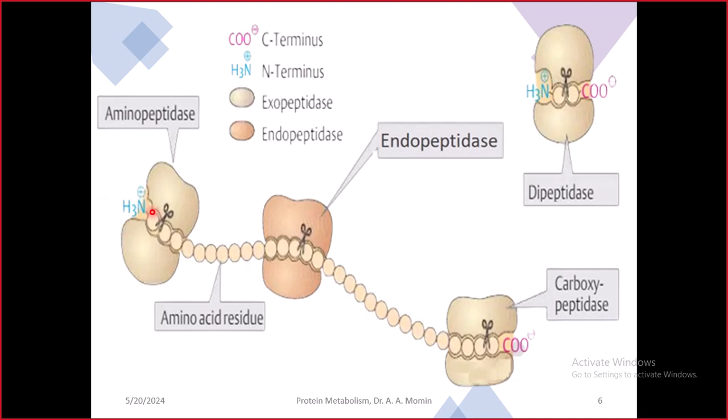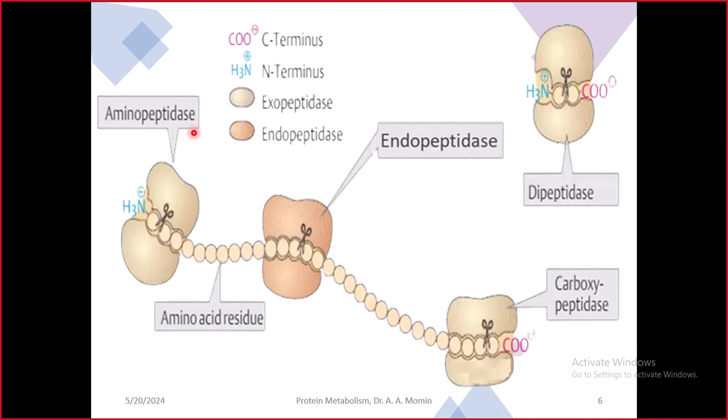As we know, there is always an N-terminal and a C-terminal. The peptide bond between the first and the second amino acid at each terminal is broken by exopeptidases, and the middle peptide bonds are broken by endopeptidases. Got it? So endopeptidases break the peptide bond in the middle of the protein peptide chain.